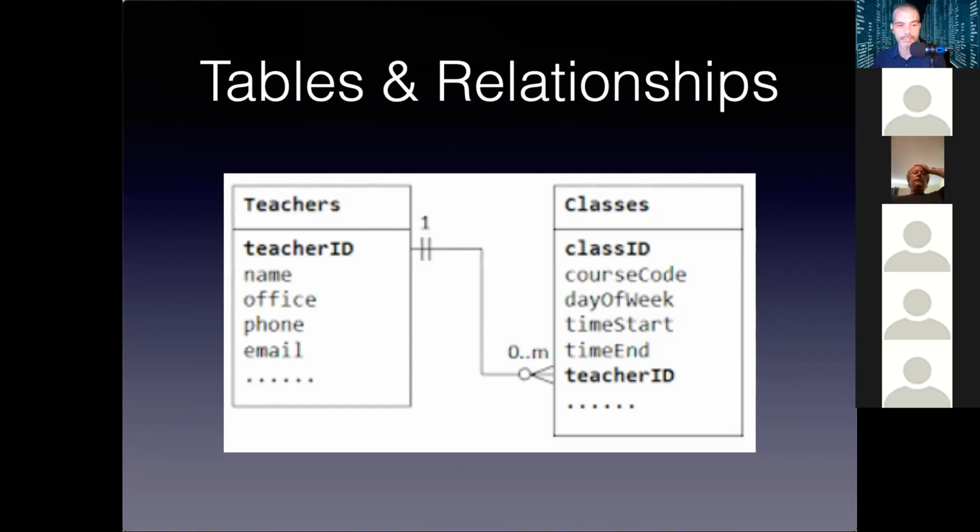Typically, there is a table that has some piece of master data like a teacher or a student, and then a table with some detailed data that connects to it. There are other kinds of relationships, one-to-one relationships, which you don't see very often in practice, but in some circumstances, they can be useful.